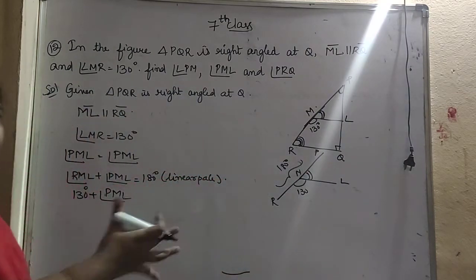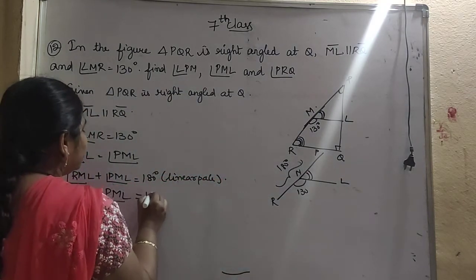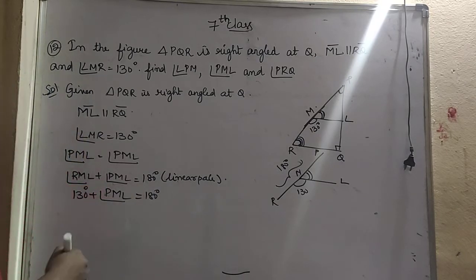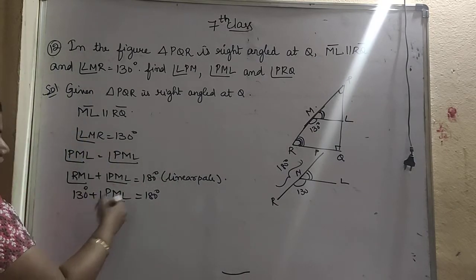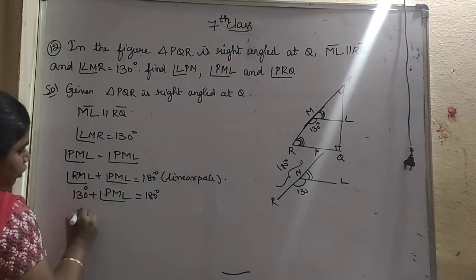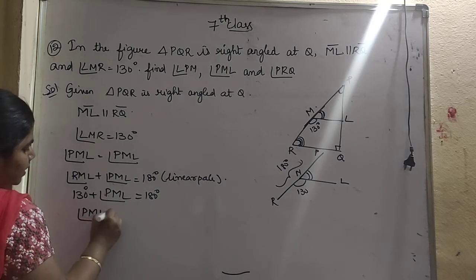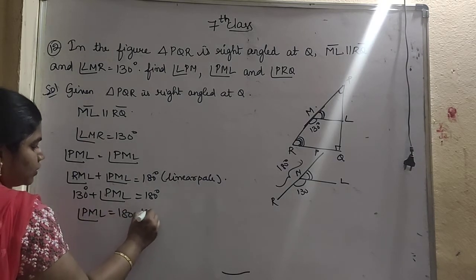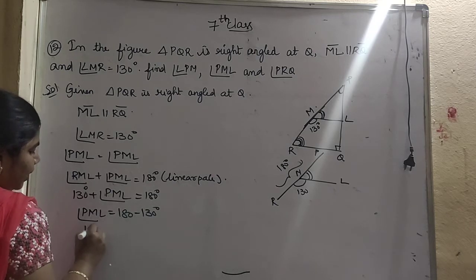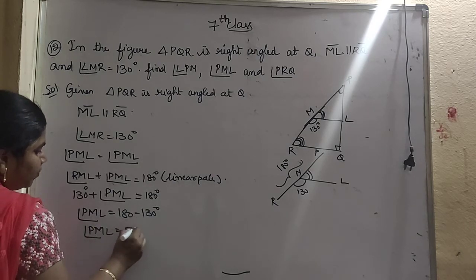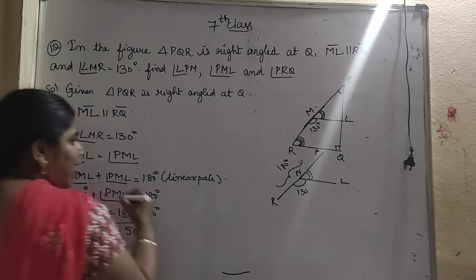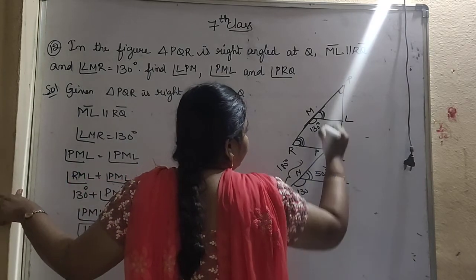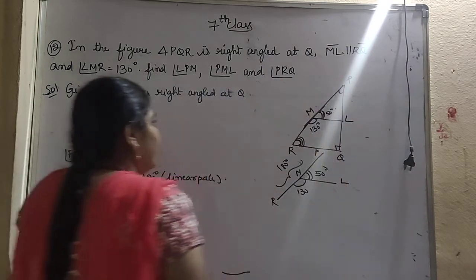PLM, anyway you can take. So that will be equal to 180. If I transpose this 130 to the other side, it becomes subtraction. So PML is equal to 180 minus 130. So angle PML is equal to 50 degrees. So we got this angle as 50 degrees.